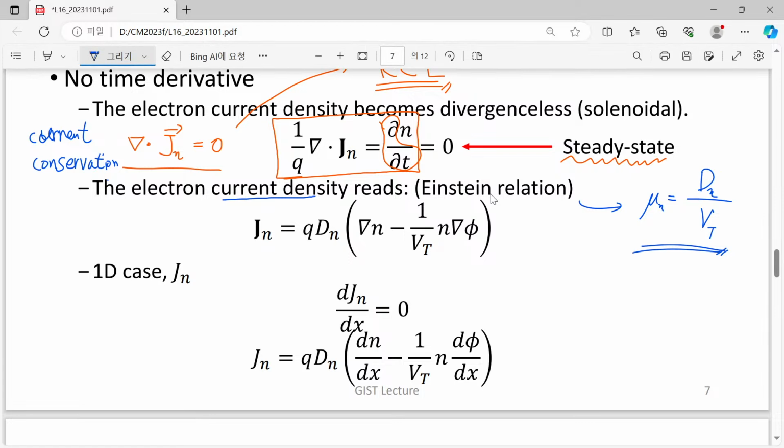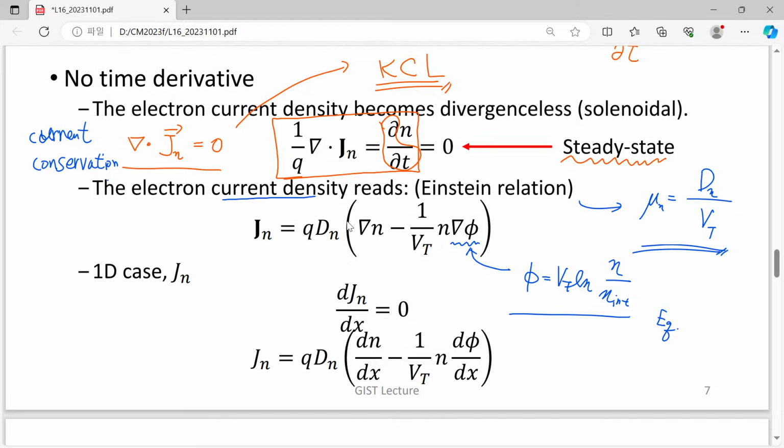And previously, the point where our previous approach became wrong was just to introduce certain approximations. Okay, electrostatic potential can be expressed as, for example, Vt times log of n over intrinsic carrier density. Yes, this is strictly valid only at equilibrium, but we applied it to non-equilibrium cases, so that was problematic. So we do not use this kind of approximation any longer. We just keep it there.